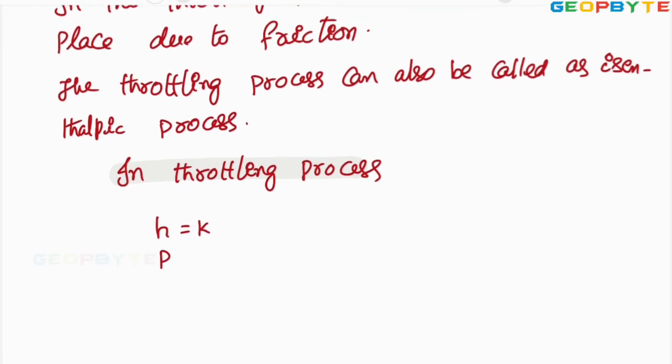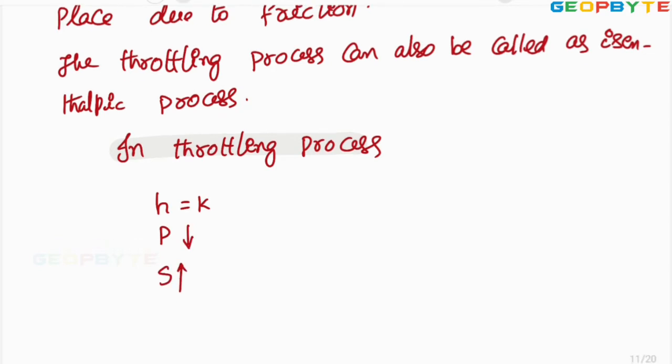Pressure drop takes place. Entropy increases. In general, temperature also drops. So these are the effects of the throttling process. Here pressure and temperature are dropping, and entropy is going to increase at constant enthalpy in the throttling process.